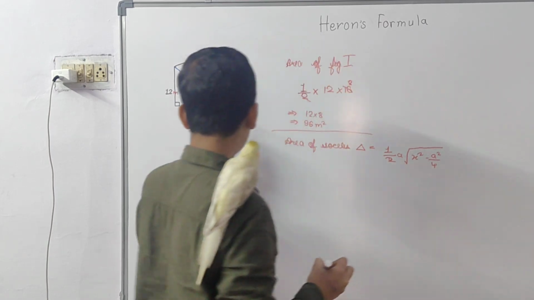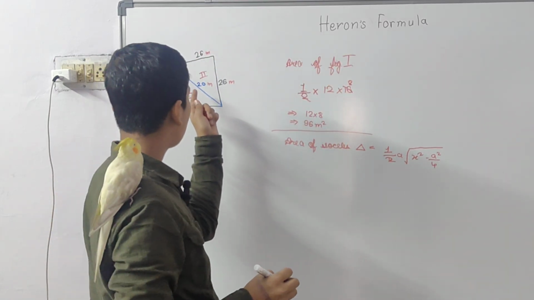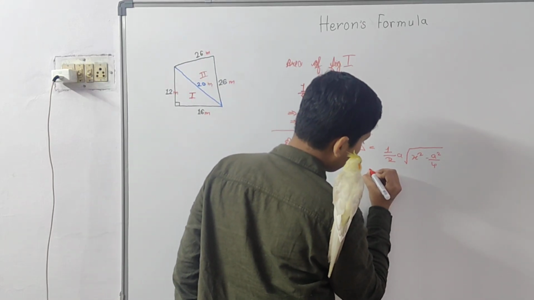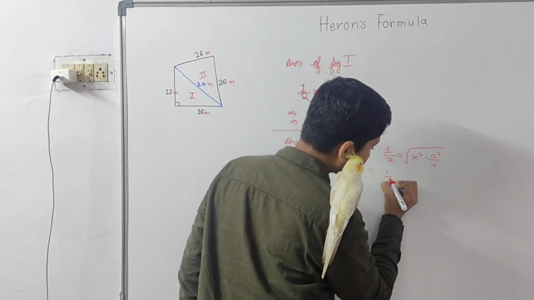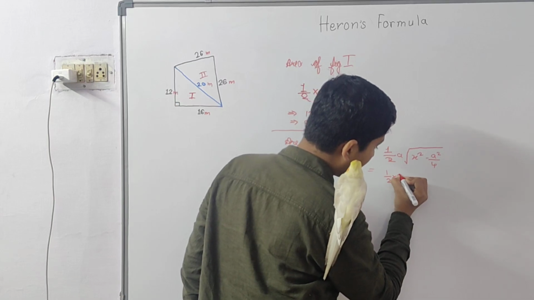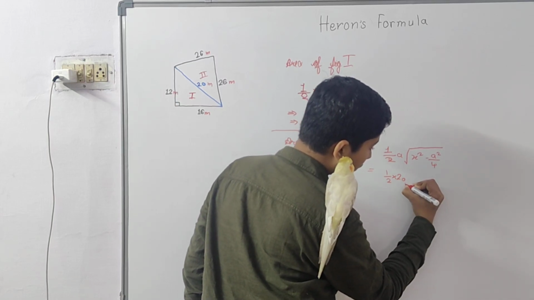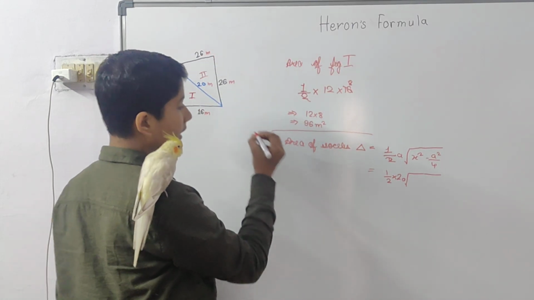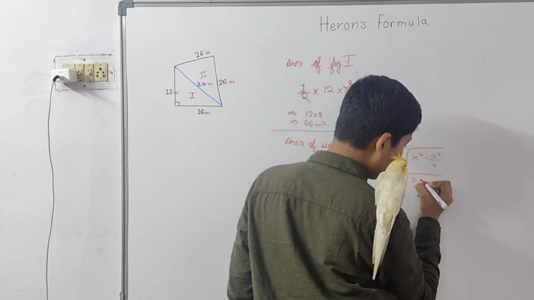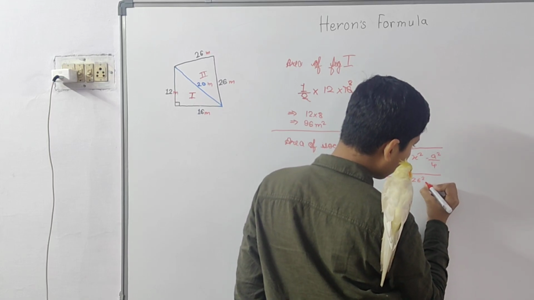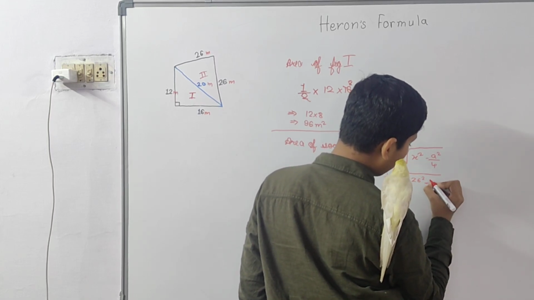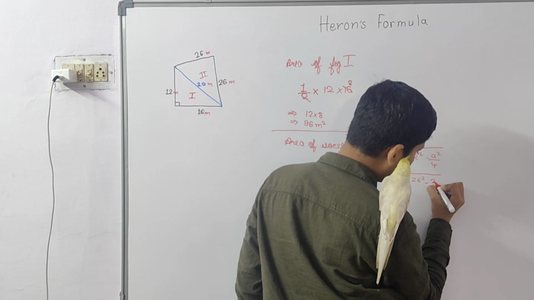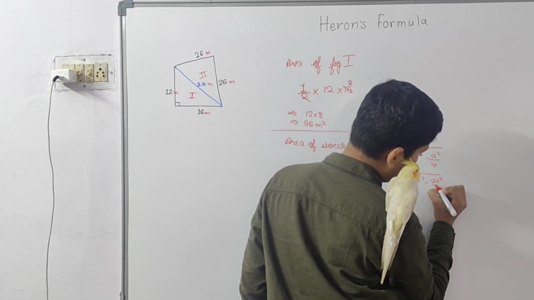Here a is the different side, which is 20. So half into 20 root, x square is 26 square, minus a square, 20 square, by 4.